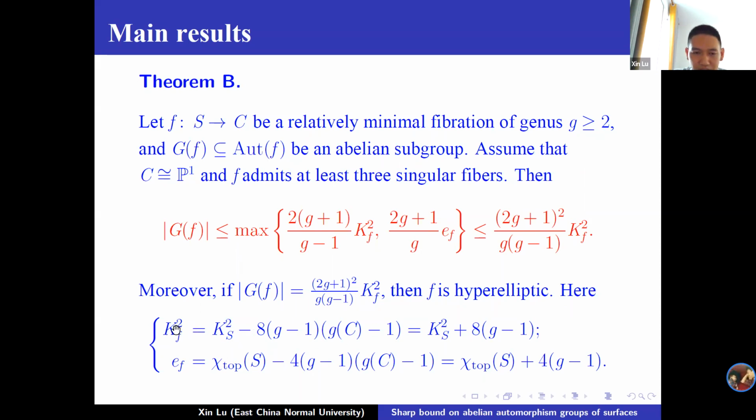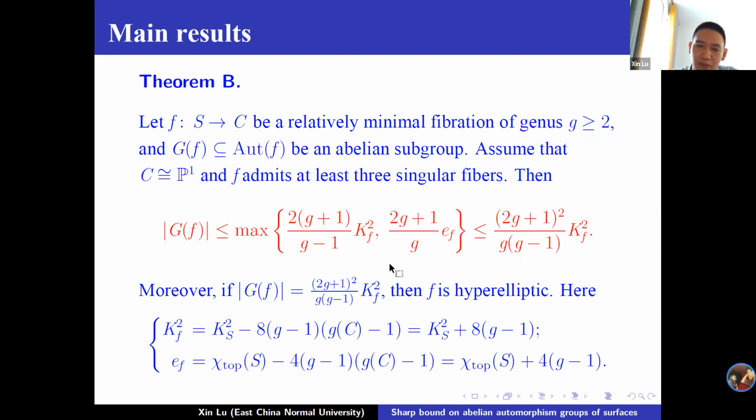In our case, when the base C is isomorphic to P1, then K_F^2 is equal to K_S^2 plus 8 times (g-1), and e_F is just the topological Euler characteristic of S plus 4 times (g-1).